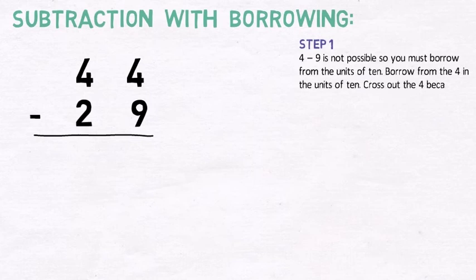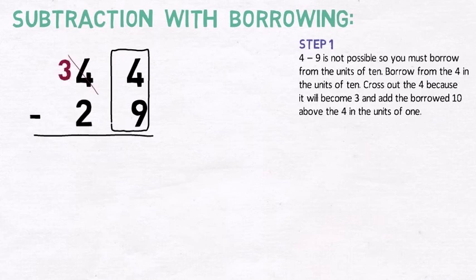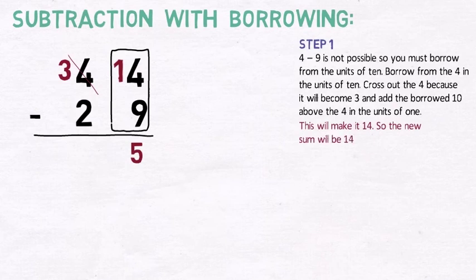Borrow from the 4 in the units of 10, cross out the 4 because it will become 3, and add the borrowed 10 above the 4 in the units of 1. This will make it 14, so the new sum will be 14 minus 9.